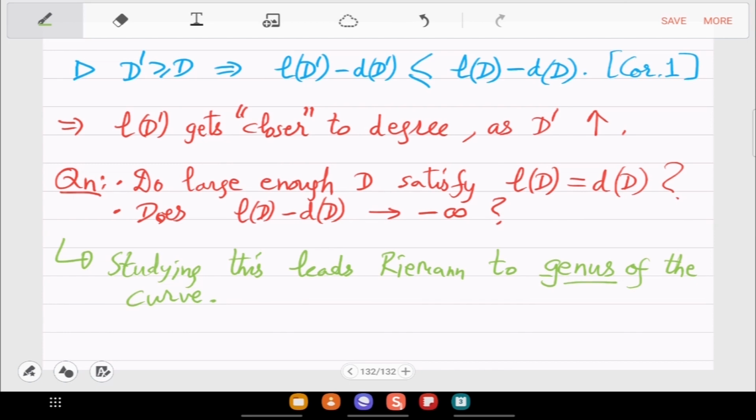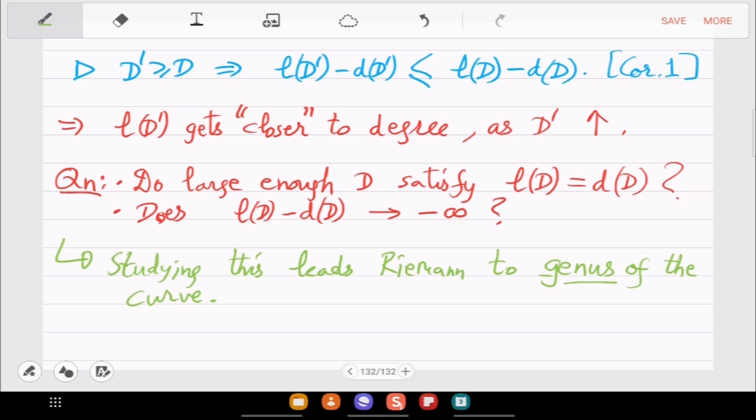But L is something more mysterious, because this is to do with the rational functions which satisfy certain number of zeros and poles. So that's a much more mysterious thing. It's more algebraic analytic, and the two things will actually come together to give you genus.